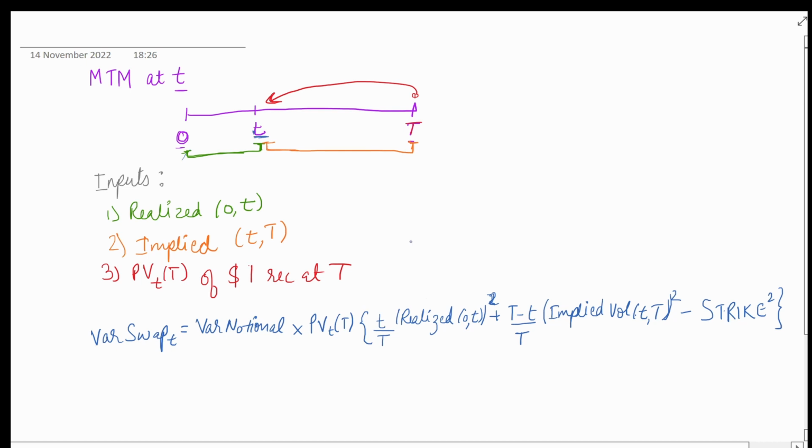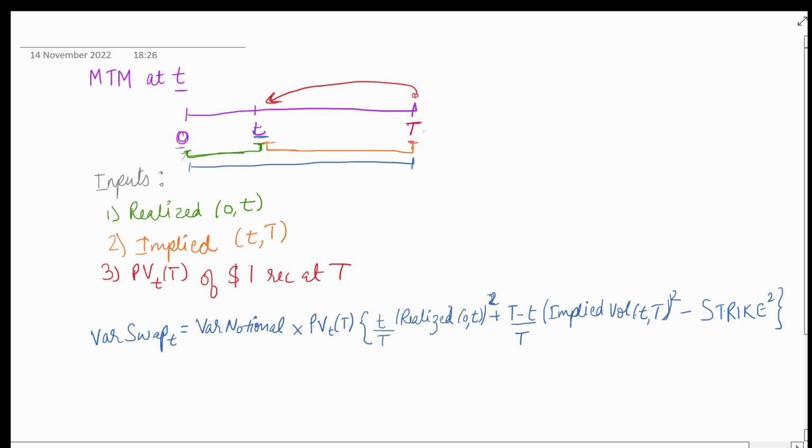Realized volatility from point 0 to point T. Then the implied volatility is added to realized volatility to get the whole volatility of this timeline, because the strike here is for time 0 to time T. Therefore we need to get the whole value from 0 to T, which is nothing but realized volatility plus implied volatility.